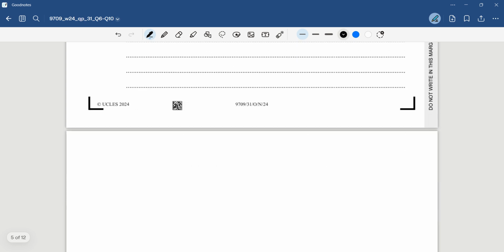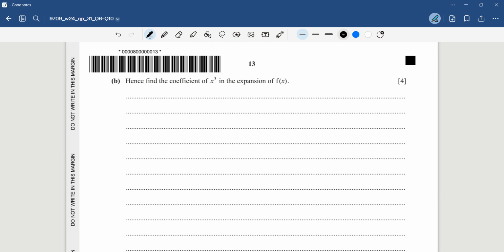Okay, so we continue with part b. Hence find the coefficient of x to the power of 3 from the expansion of this. Just now we already did the partial fraction, so we just utilize that. So 1 over 1 plus 2x plus 2x plus 3 over 2 plus x squared.